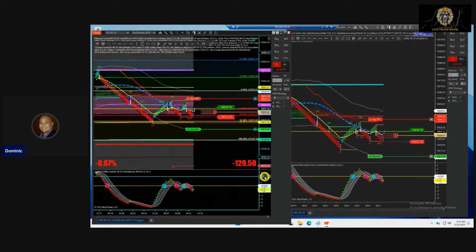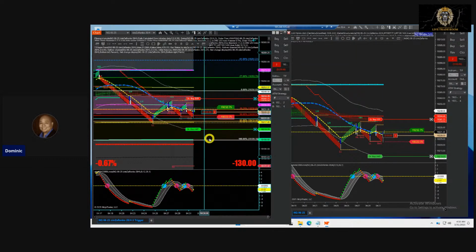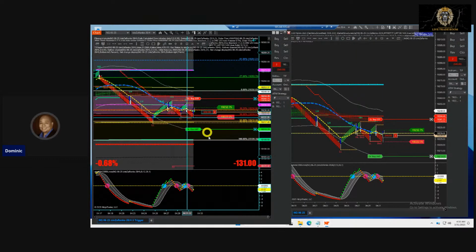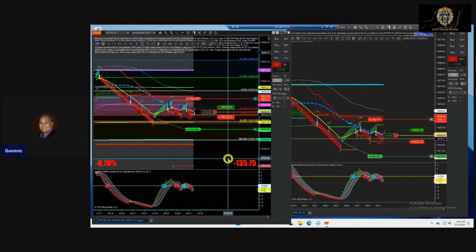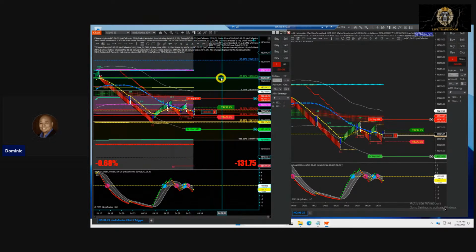You see how the market is moving? They did create a lower low. Now will they create a lower high? Barely a lower low here, just by one tick. So if they break this here, I'm going to take out this, what you call it, fib retracement.